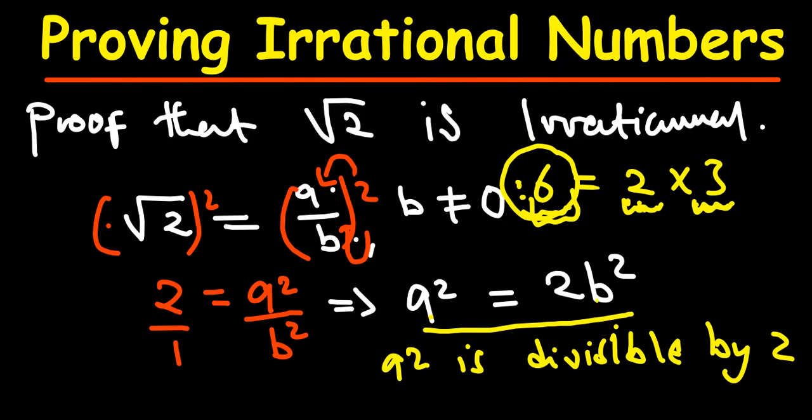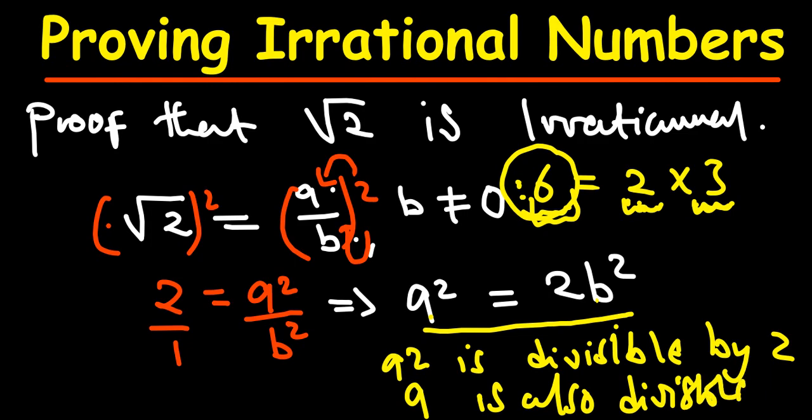So if this a squared is divisible by 2, then it also means that its square root is divisible by 2. So a is also divisible by 2.